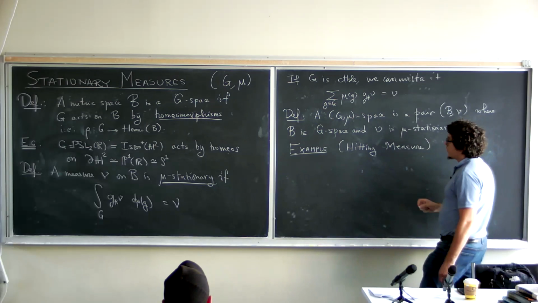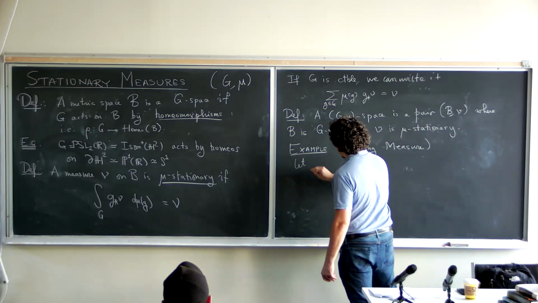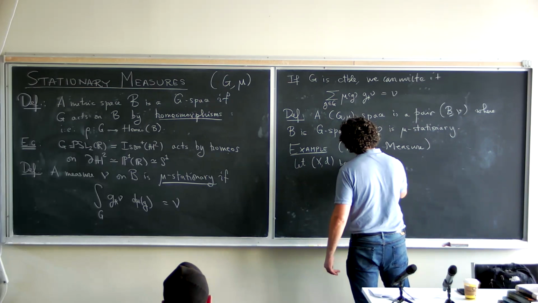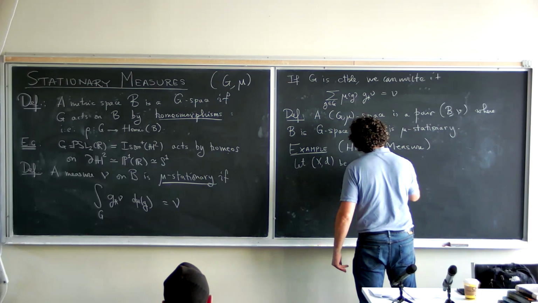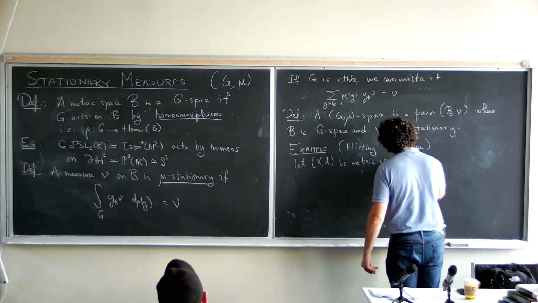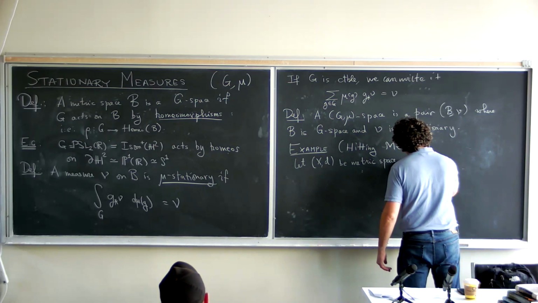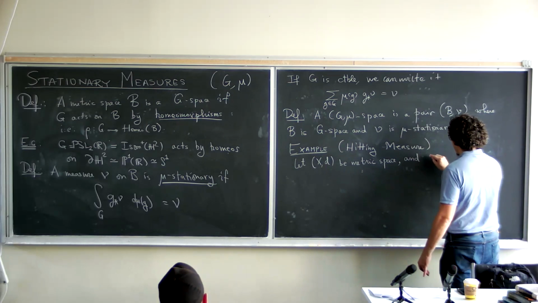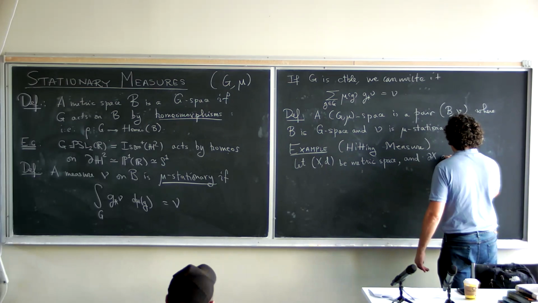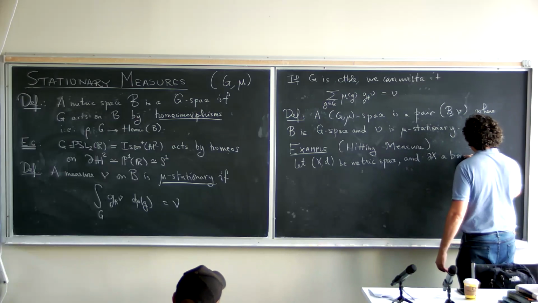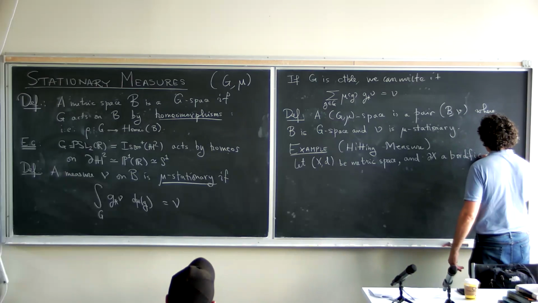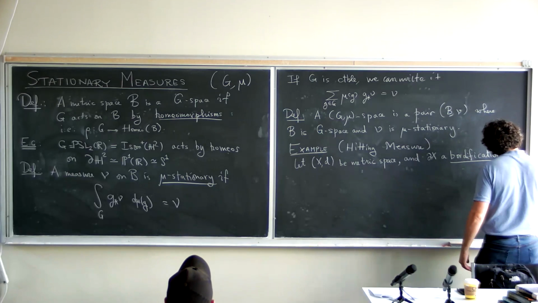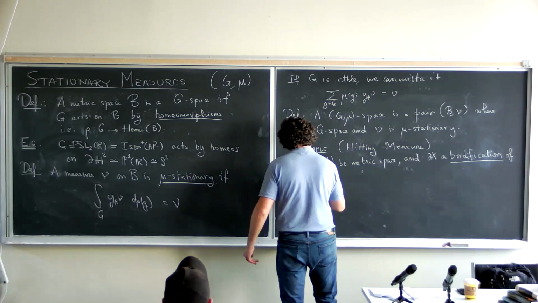So it's like this. You let X be a metric space, and the boundary, a bordification of X. What does it mean?